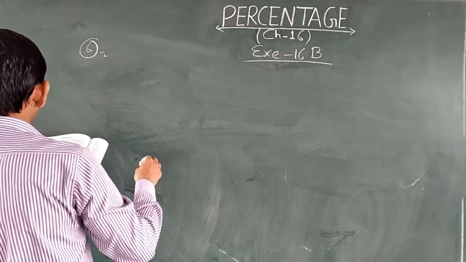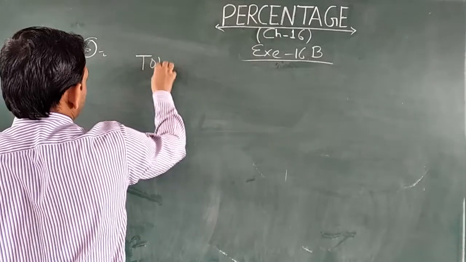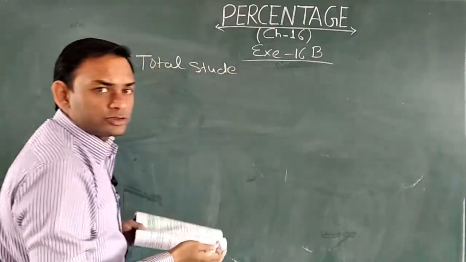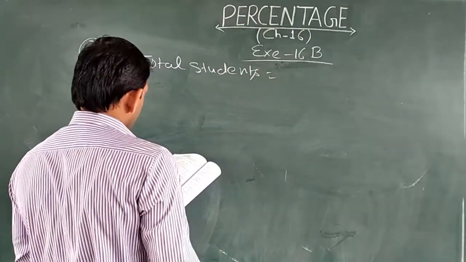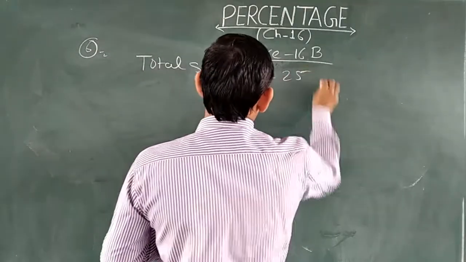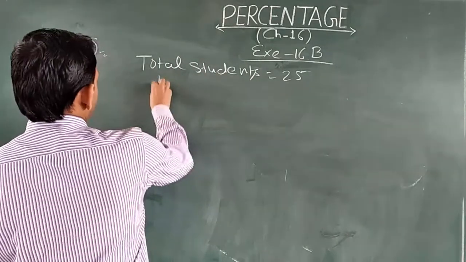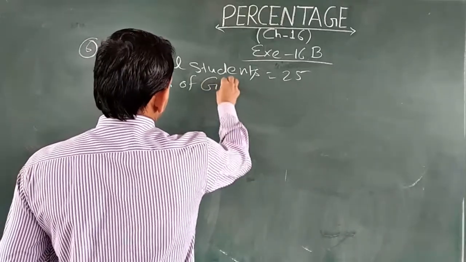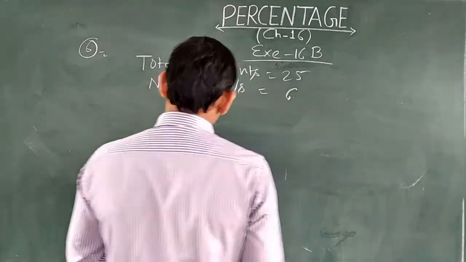Total students, you may write strength also, that is 25. Okay, and the number of girls is 6.